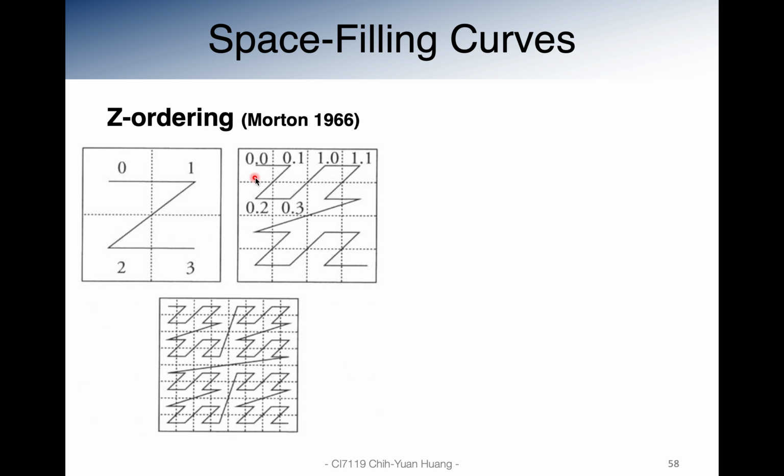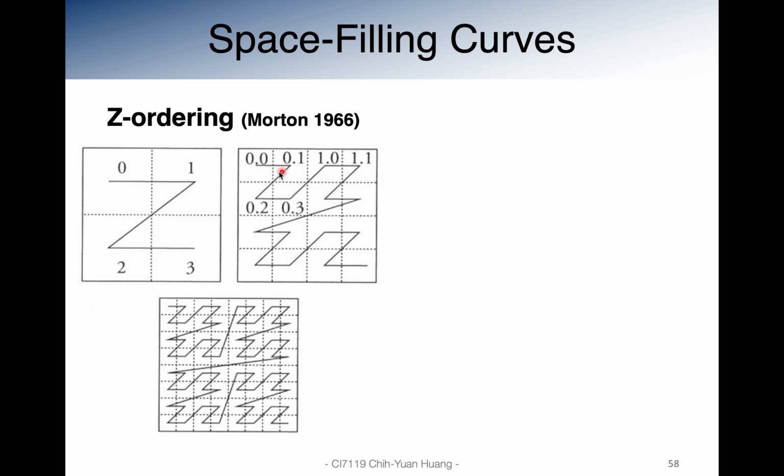And if there are 16 cells dividing the entire space, then the order will be 0,0, 0,1, 0,2, 0,3, and then connect to 1,0, 1,1, 1,2, 1,3. Then we connect to 2,0, 2,1, 2,2, 2,3, and 3,0, 3,1, 3,2, 3,3.